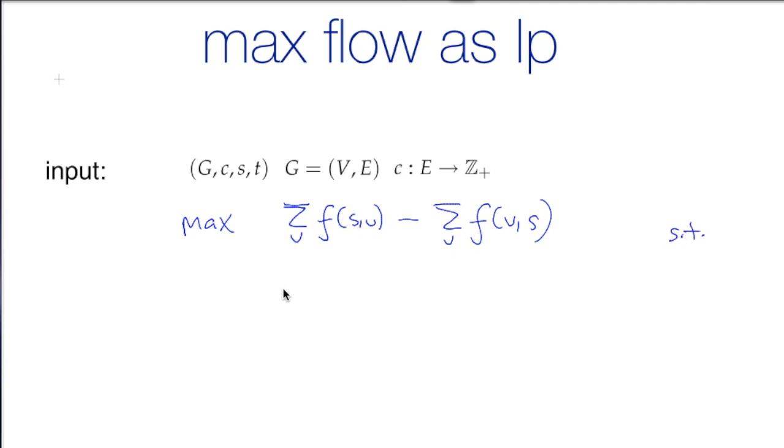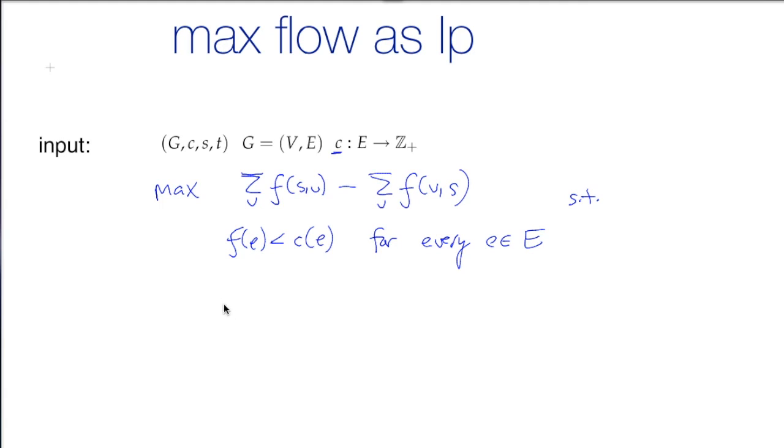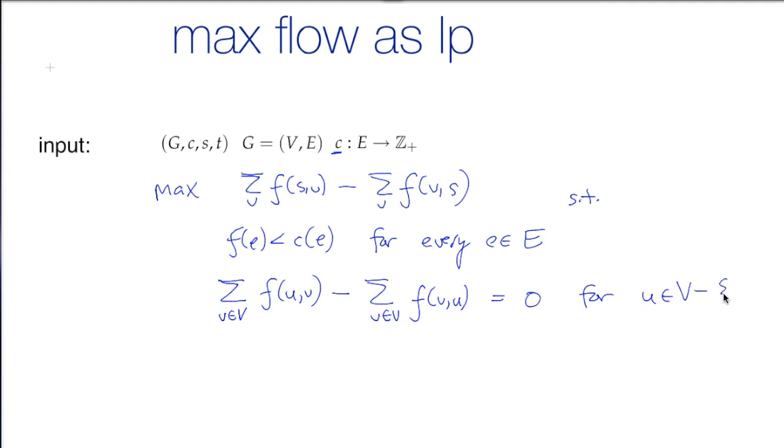The constraints are: FE has to be less than CE for every edge, and the inflow of a node is equal to the outflow, so the sum of the flow into a node minus the flow out of it is zero. And finally, the flow has to be positive or zero.